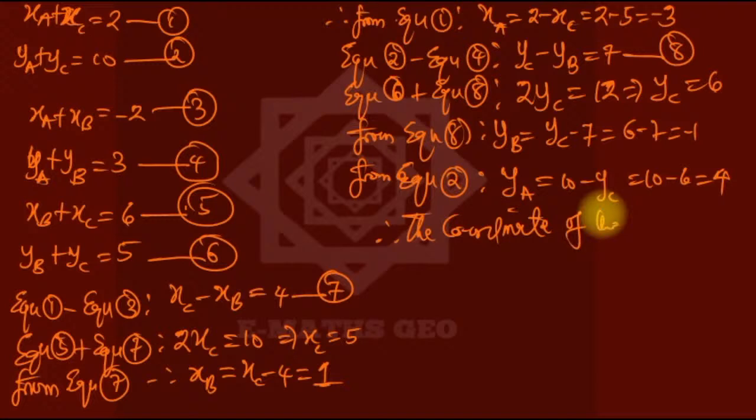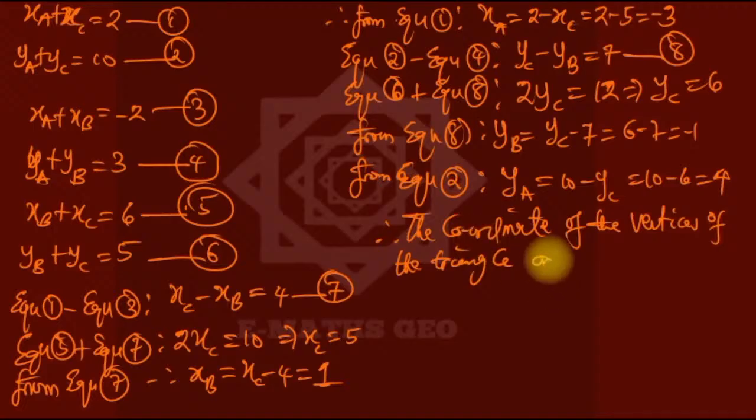Therefore, the coordinates of the vertices of the triangle are, let's use white. For A, what is XA? XA is minus 3 and YA is 4.